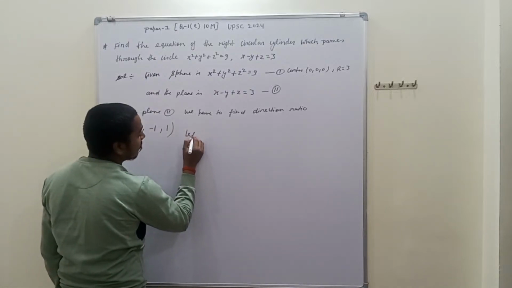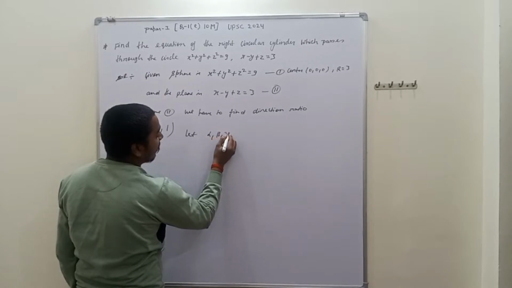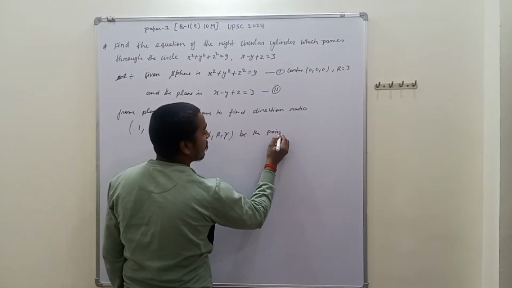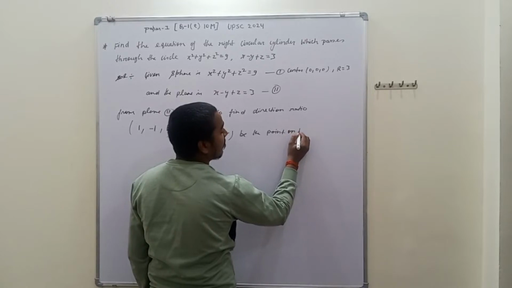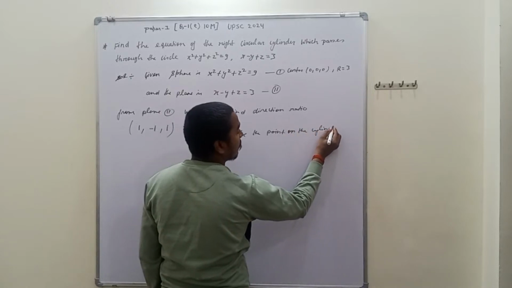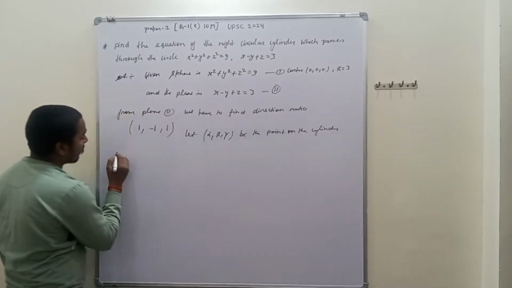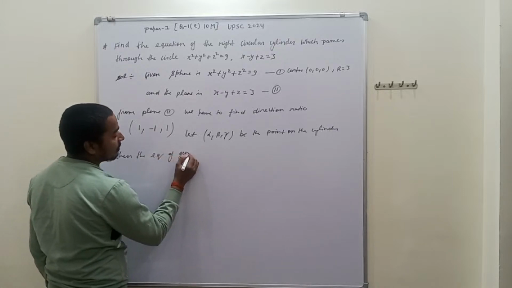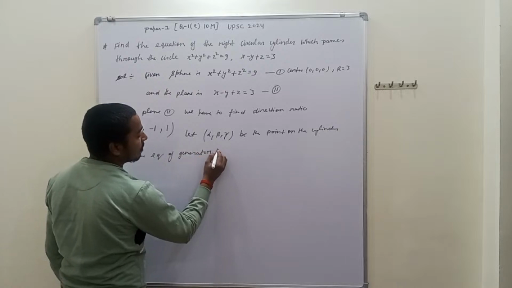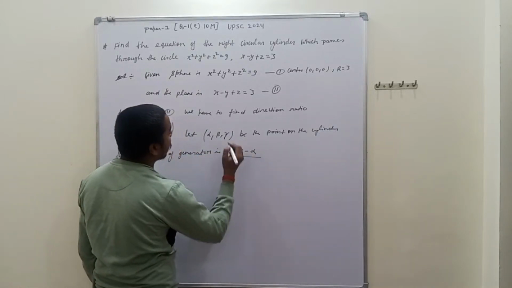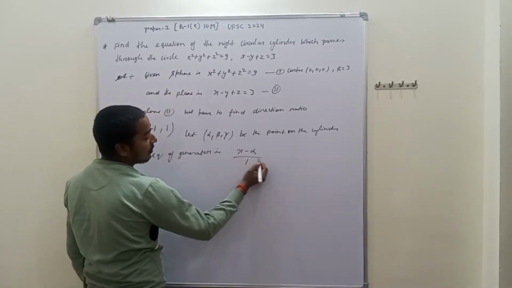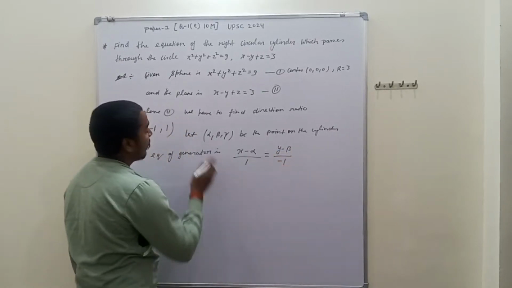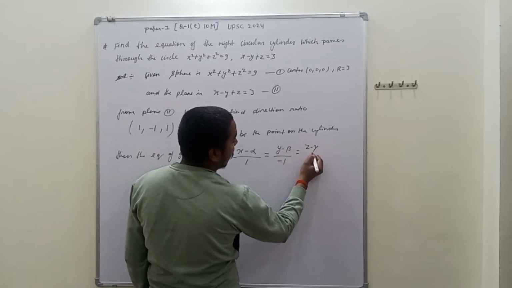Let alpha, beta and gamma be the point on the cylinder, then the equation of generator is x minus alpha upon direction ratio, that is x minus alpha upon 1 and y minus beta upon minus 1 and z minus gamma upon 1.